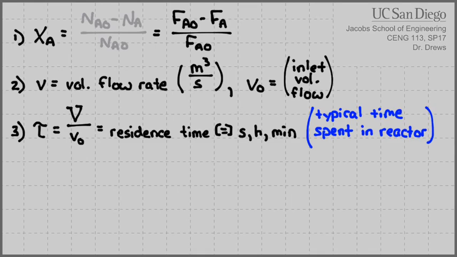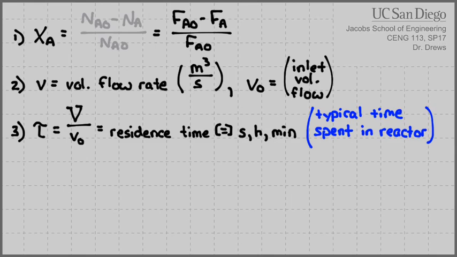For us, it'll always be a constant. Normally, you can get what's called a residence time distribution. So every element does not spend the same amount of time in there because the flow isn't perfectly plug flow. But for us, it is going to be perfectly plug flow. So this tau is never going to be anything except a number. Somebody will just tell you tau is 2 minutes or something like that.